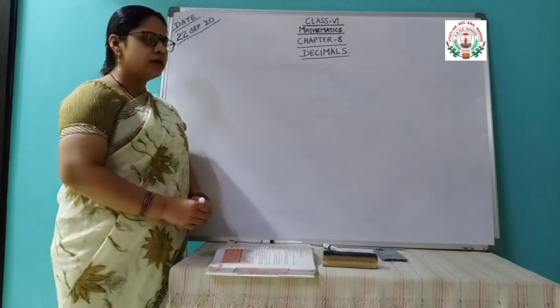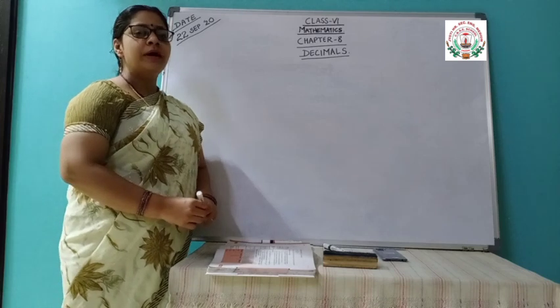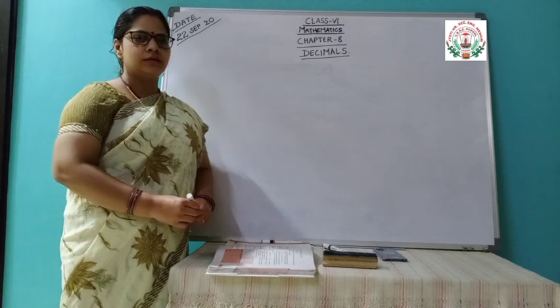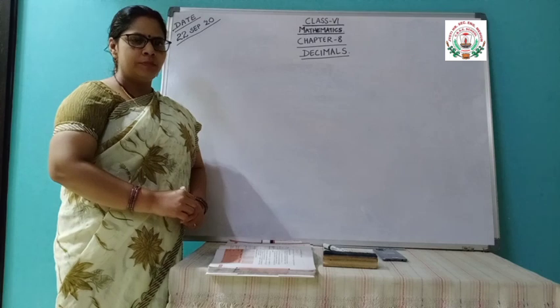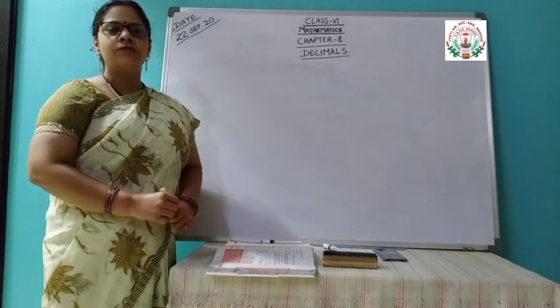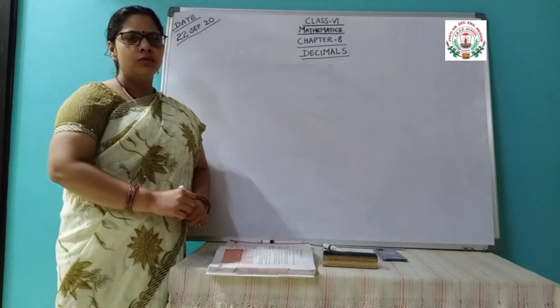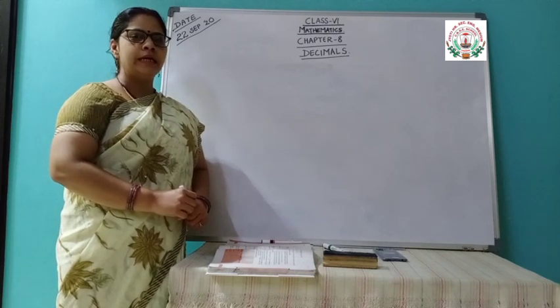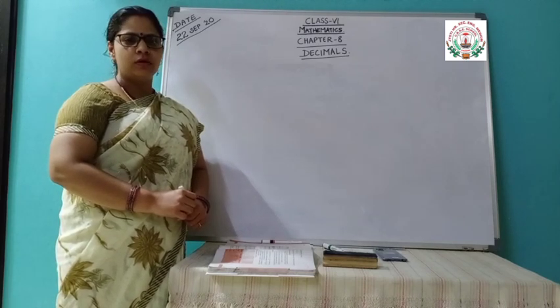Now let us see how the measurement units, millimeter, centimeter, kilometer, are converted. For that, you should know how many meters 1 kilometer is equal to, or how many centimeters 1 meter is equal to.